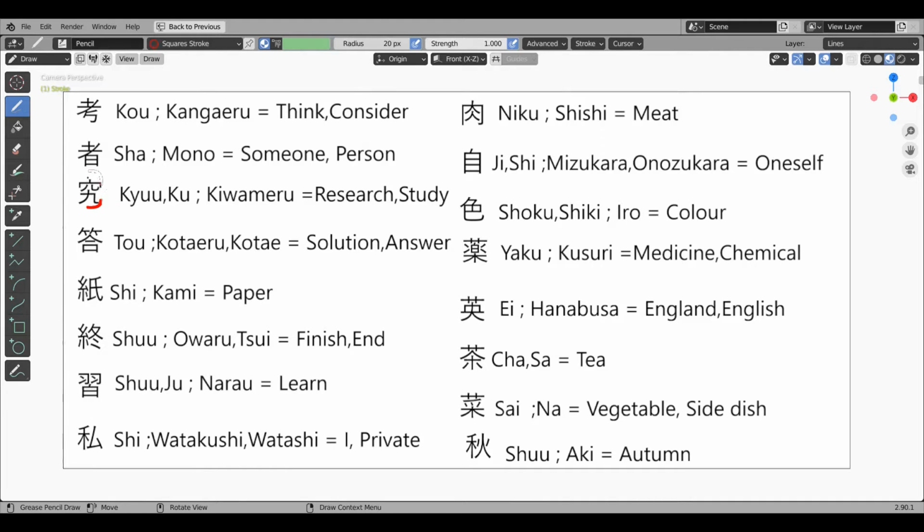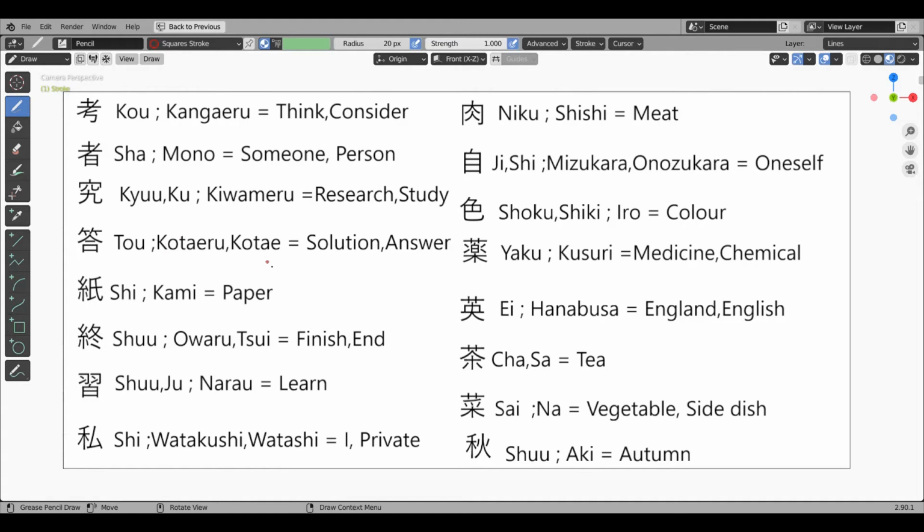In short, put in a lot of effort to open something new is research. Here the number 9 kanji may have been used also because its onyomi too is Q or ku. Most common word example is kenkyu, which means research.